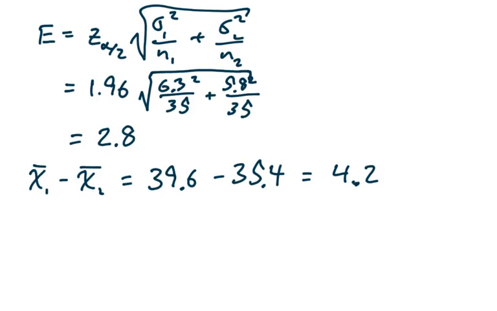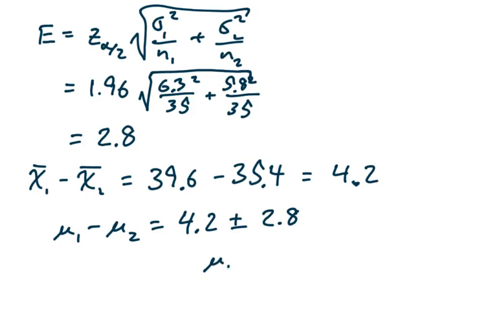And then we have to go in and add and then subsequently subtract away our margin of error to get our confidence interval, to get the range that 95% of the time the true difference would be in that range. Okay. So the difference mu1 minus mu2 is going to be 4.2 plus or minus 2.8. We'll say it like that.